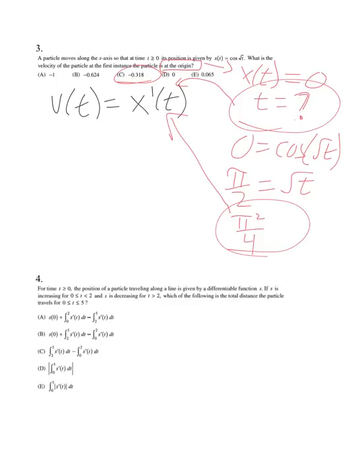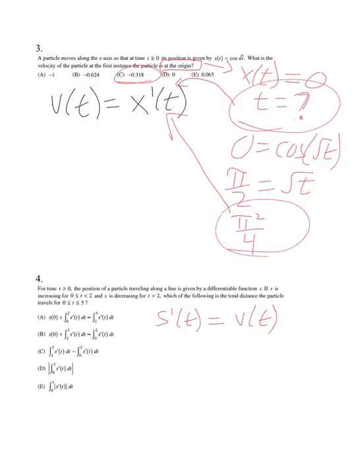And when I look at my answer choices here, I can see that they're all involving an integral of S prime. And that makes sense because just like up above, S prime of t is equal to the velocity. And we know that for total distance traveled, we use the integral of velocity.